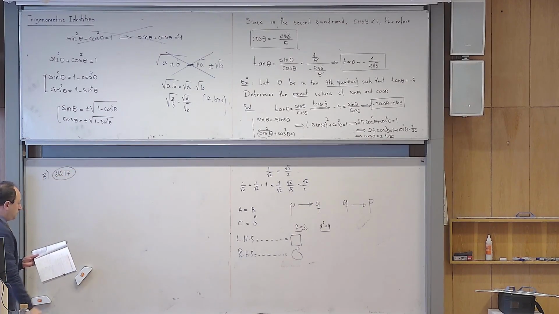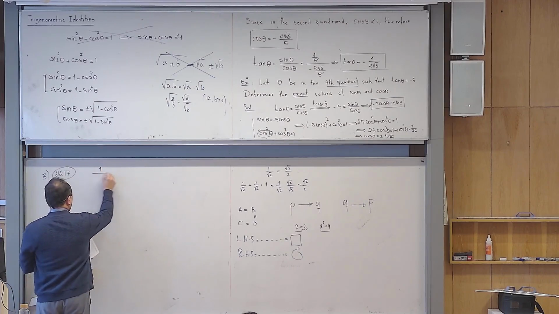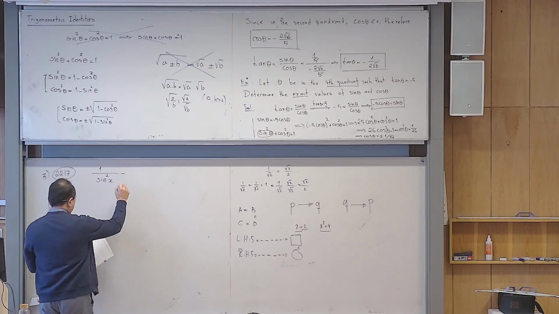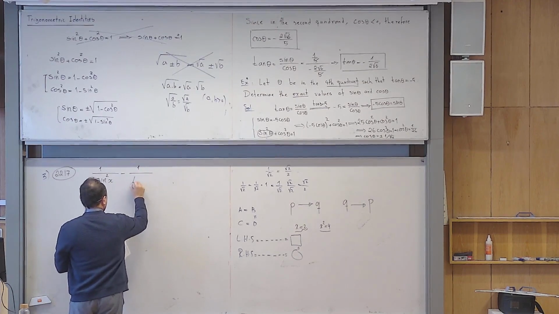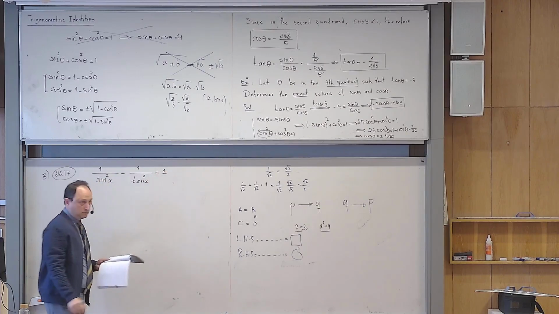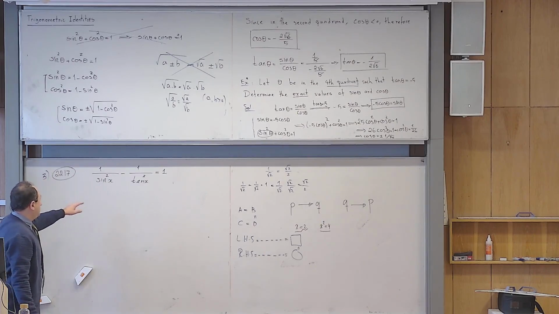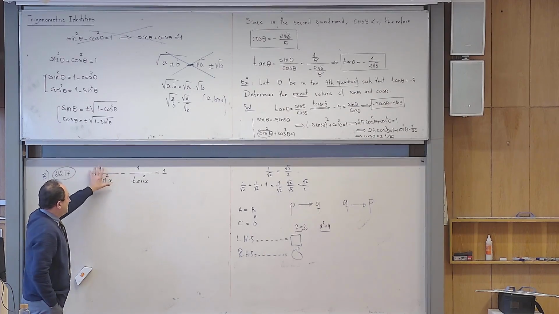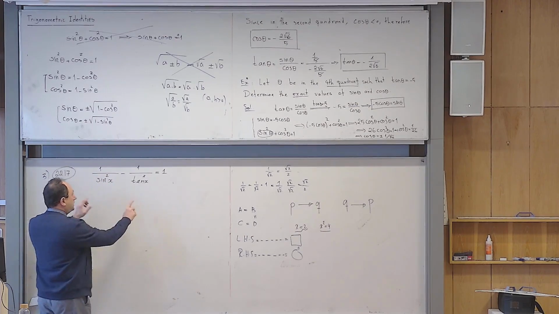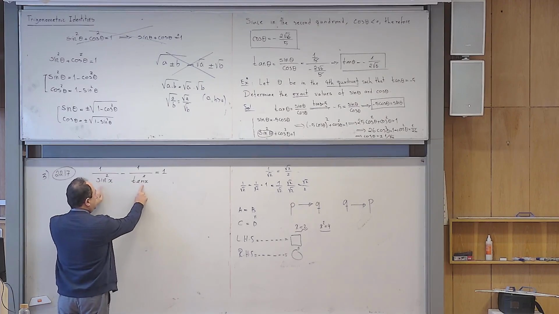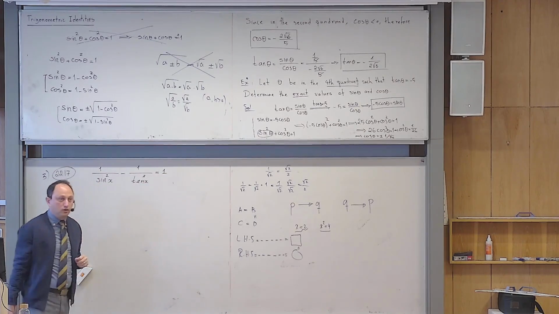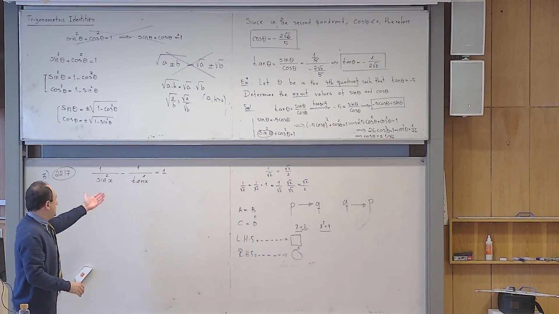We are supposed to show that 1 over sine x squared minus 1 over tan x squared is equal to 1. So we want to show that the left-hand side, for all possible values of x, makes sense. I mean, if the denominator is not 0, then whatever x you choose, the difference between these combinations is always again equal to 1. But this is an identity.